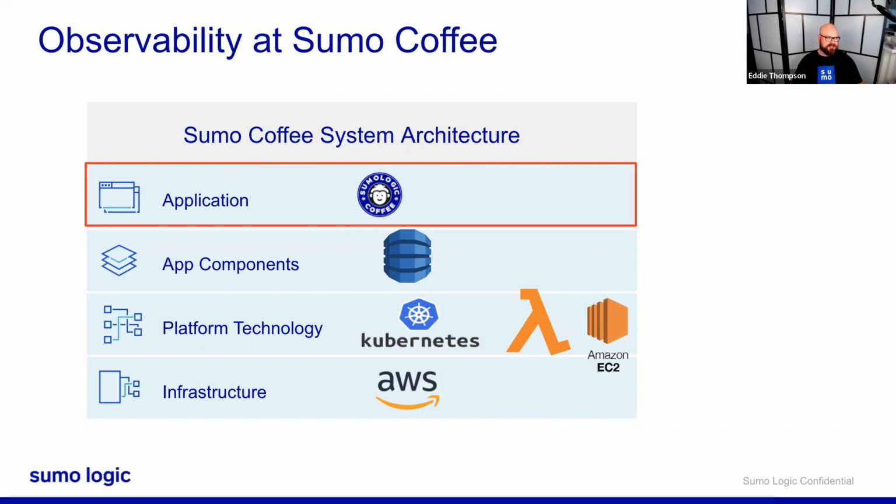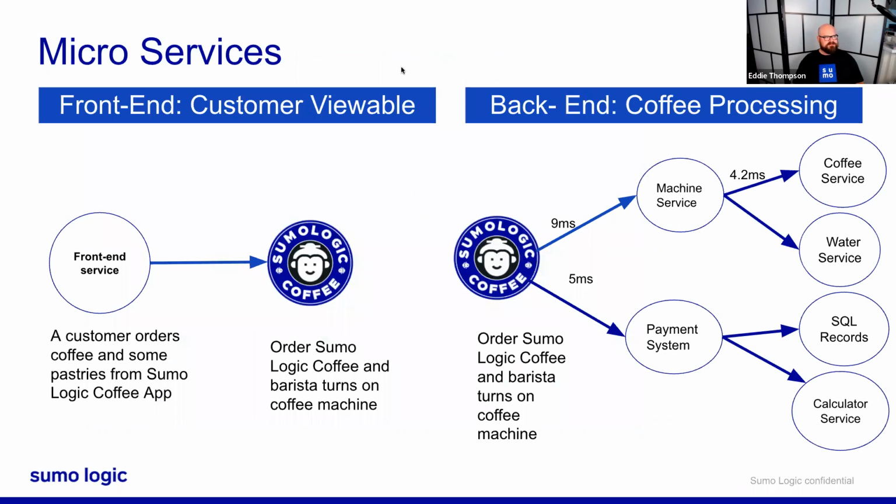So we've got application components like DynamoDB. It's running some Kubernetes containers. There's some Lambda functions. There's some EC2 VMs, and this is all running on AWS. We've got various microservices.